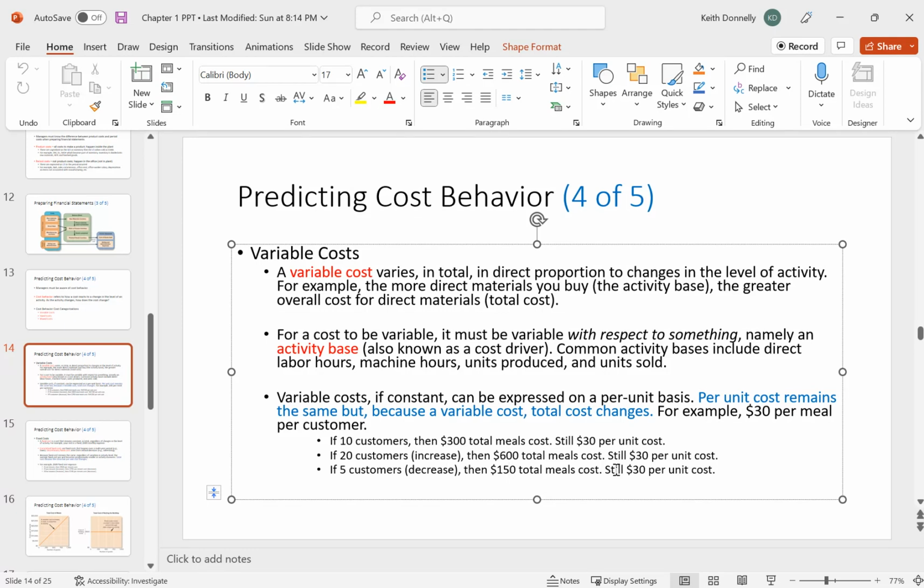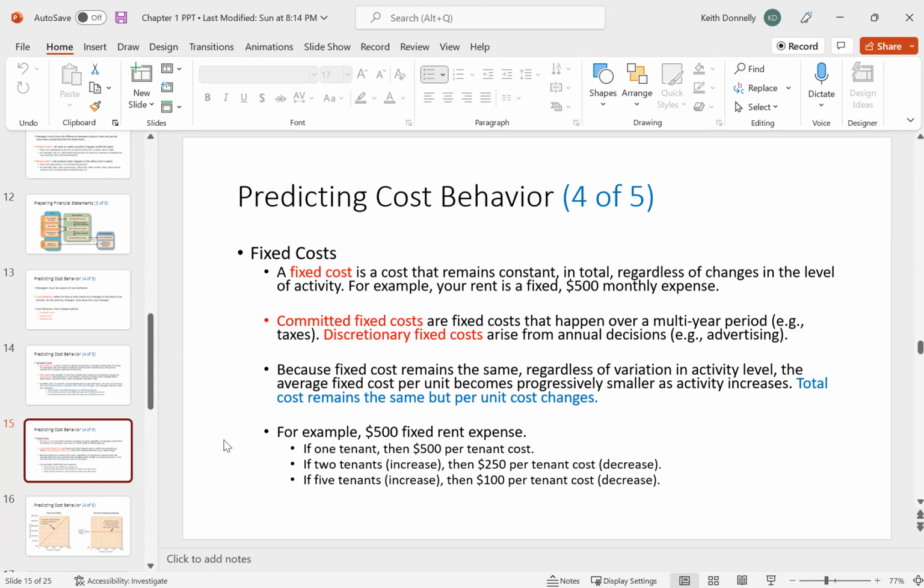So the idea with a variable cost is the per unit cost remains the same, 30, 30, 30, but the total cost is what changes: 300, 600, 150. That's a function of, or depends upon, the activity base, which here would be the number of customers.